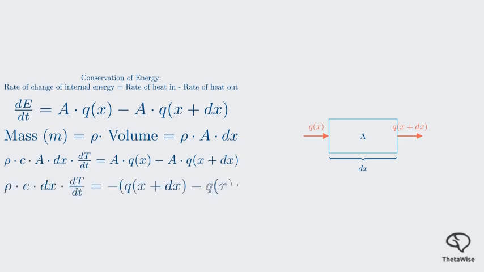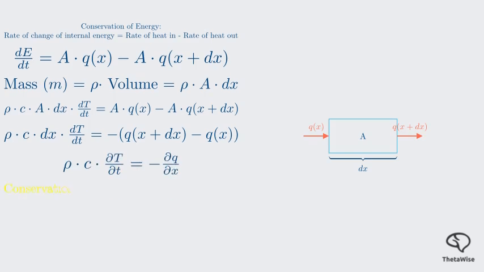This gives us rho times C times dx times dT/dt equals the negative of the change in heat flux over the distance, dx. Now, let's divide by dx. As dx gets infinitesimally small, the term on the right becomes the definition of a derivative. So, we get rho times C times the partial derivative of T with respect to t equals the negative of the partial derivative of q with respect to x. This is our conservation of energy equation in differential form.